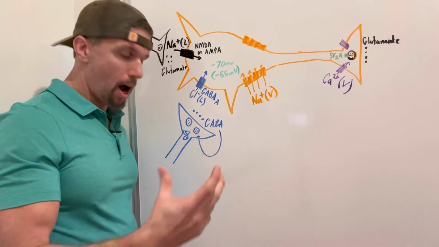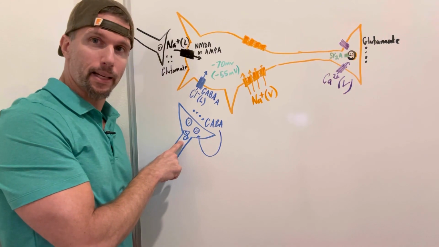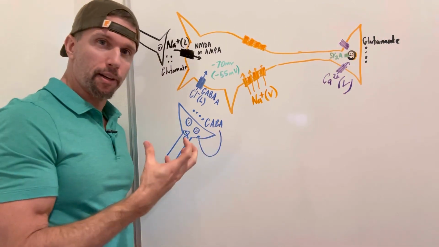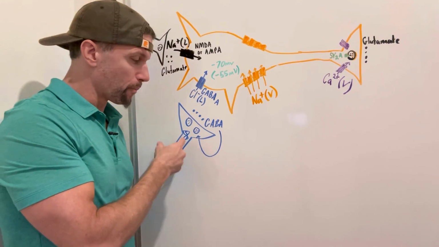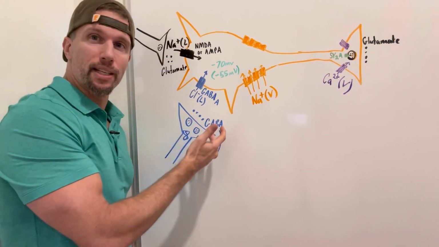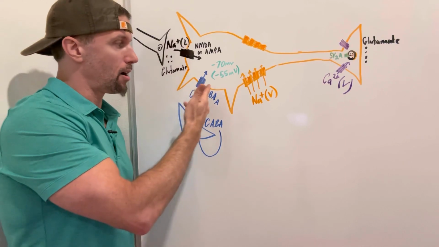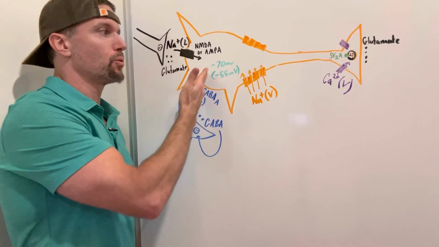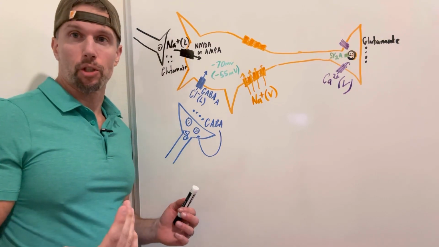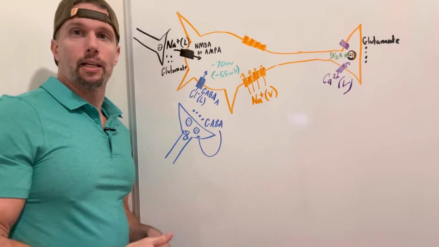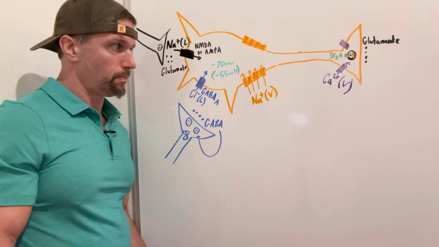But if you block this enzyme, this transaminase, that takes off an amino group to break it down, then you're going to have more GABA released with each action potential, and that's going to cause more chloride to go into the cell. So that's two different ways. That's why valproate is such a good drug for generalized seizures, because it has that dual action.